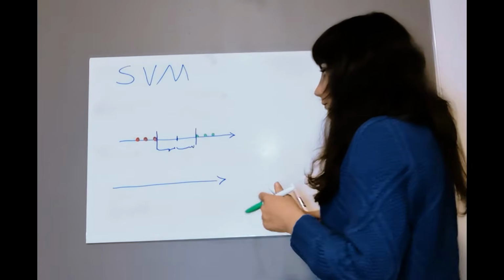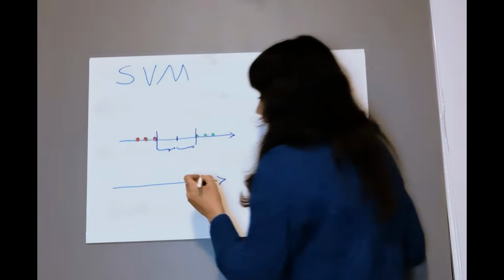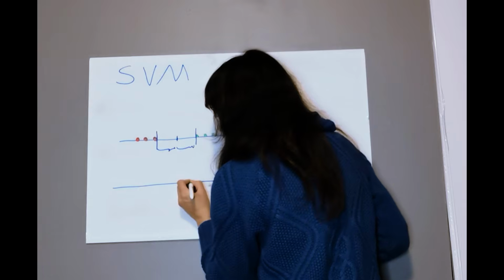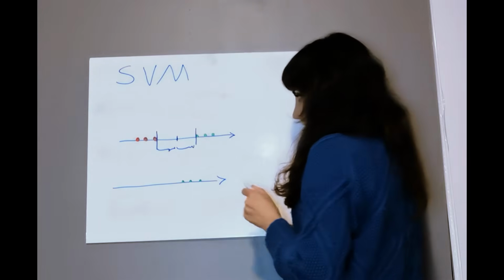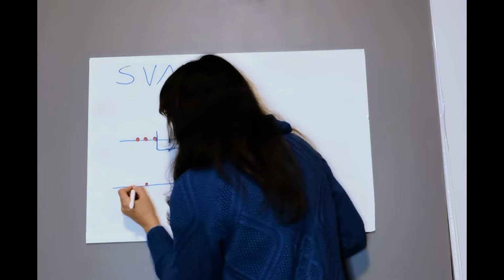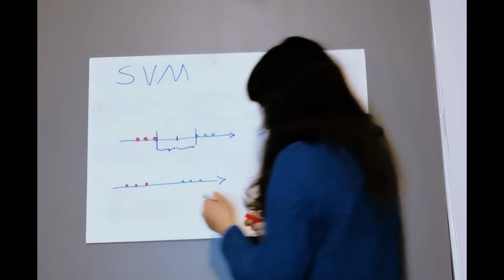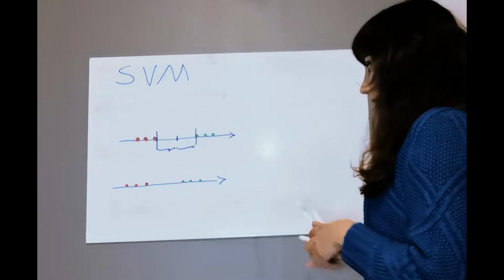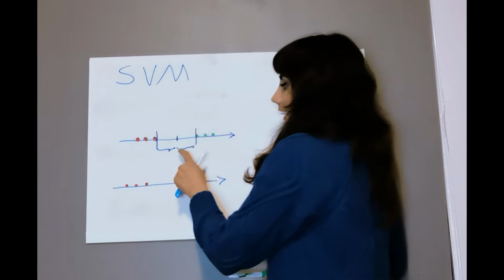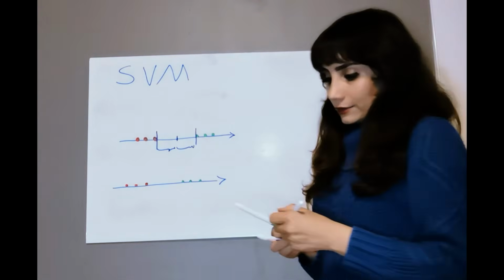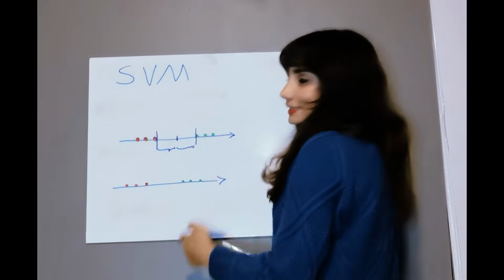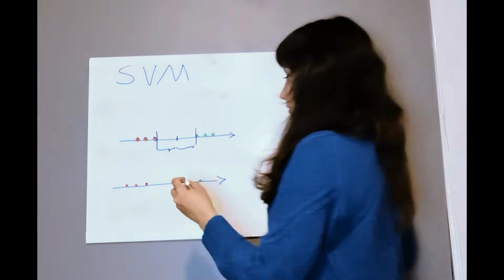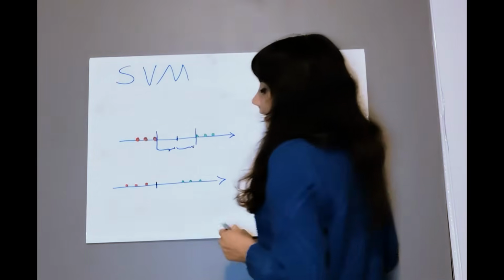I'm going to have one axis, and then these green data points that are here again, and then I have these red points that are here. Okay, and then I'm going to say I don't care that my separation line be exactly in the middle. I'm going to put, for example, my separation line here.